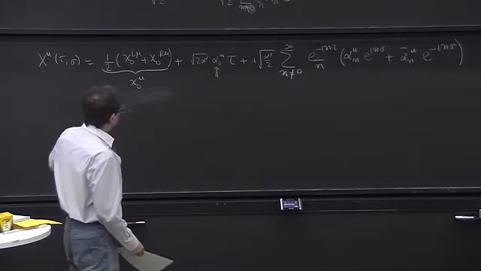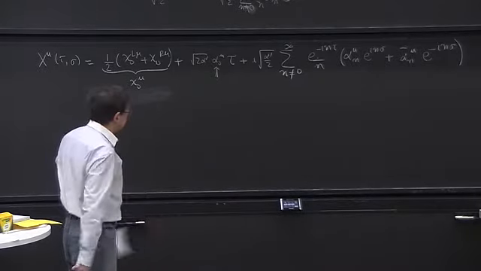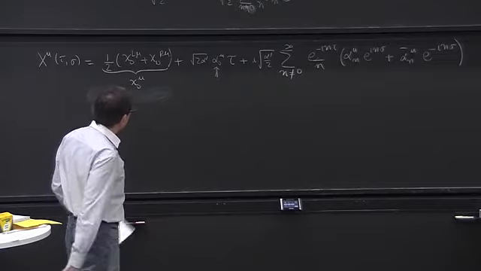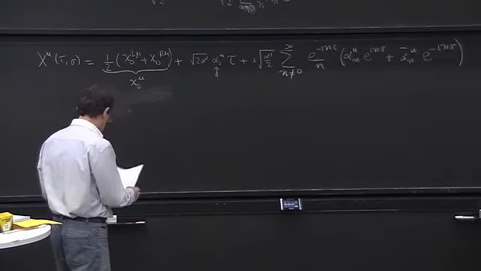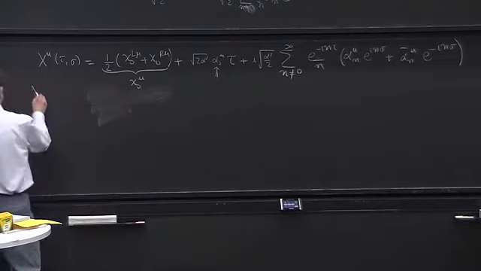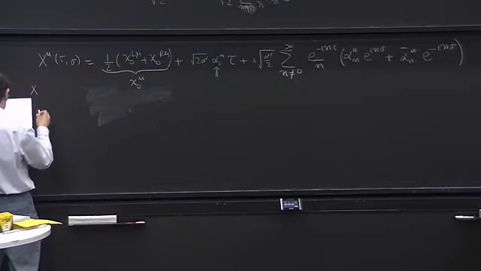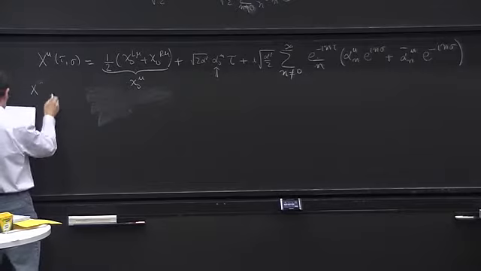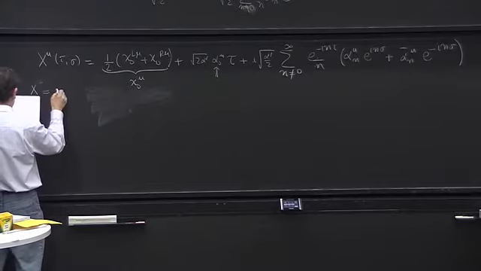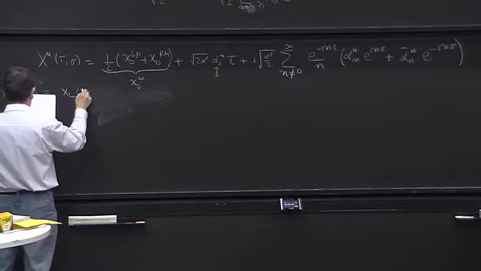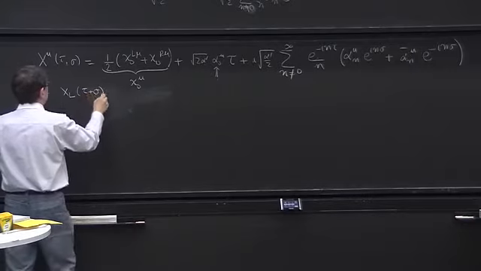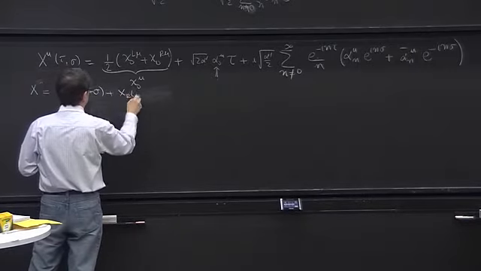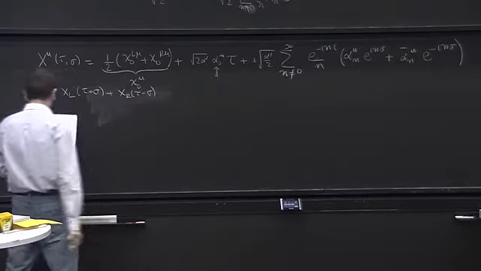Okay, so I want to argue that these things have been written in such a way that things look good. So let's rewrite the fact that X, and I won't put the subscript mu, it's just too much work, X is equal to X left of tau plus sigma plus X right of tau minus sigma.